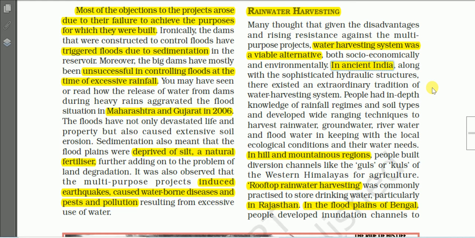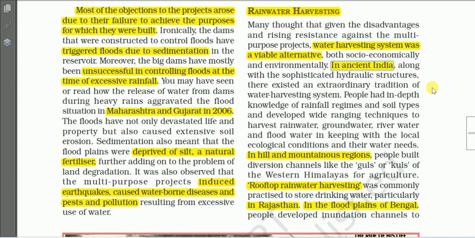During those days, people had in-depth knowledge of the rainfall regime. That means in which season or month there will be rainfall, or in which month there may not be rainfall.